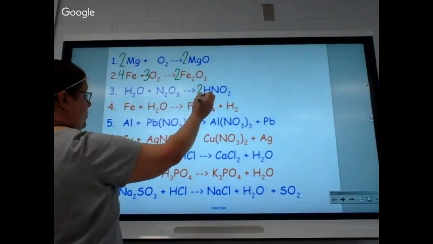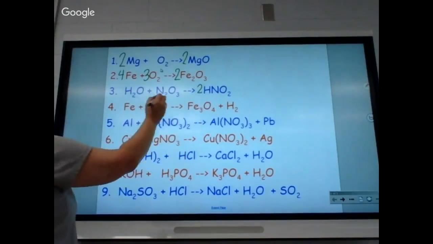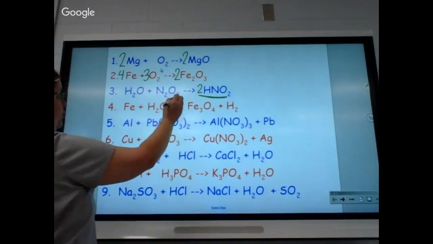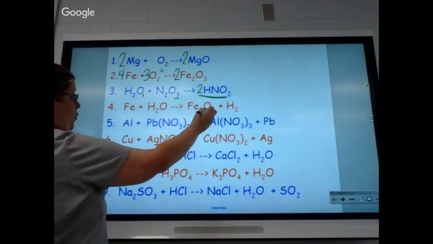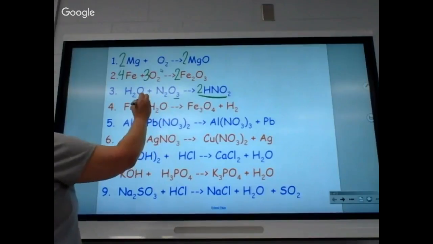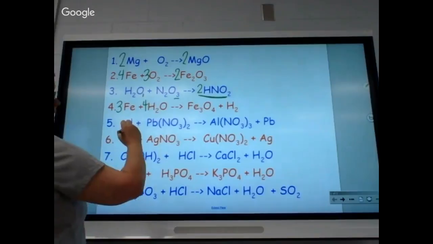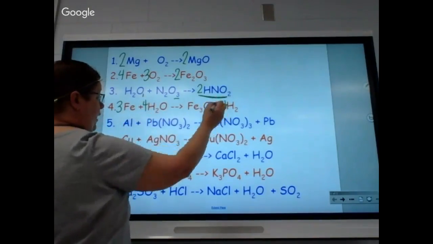We put 2 there to make 2 N's. That made 2 H's. We had 2 H's. This made 4 O's. We had 3 and 1. 3 plus 1 made 4. Number 4, we had 4 and 4, 3, and then we had 4 times 2, which is 8. So we put a 4 there.